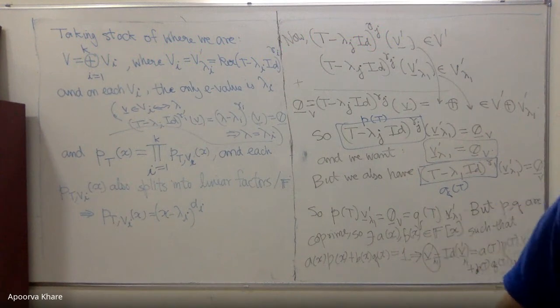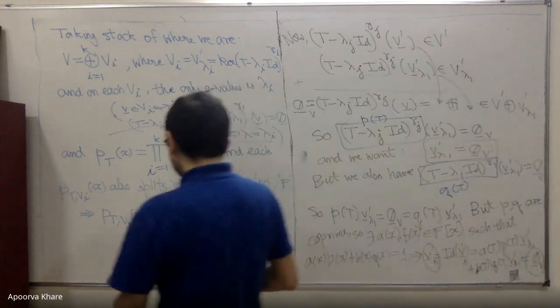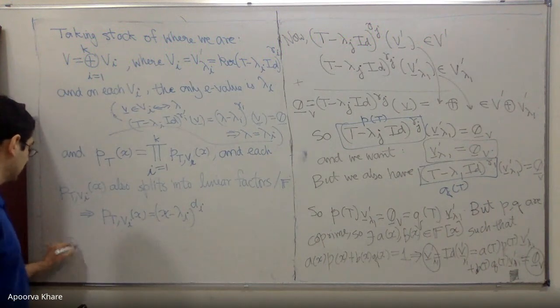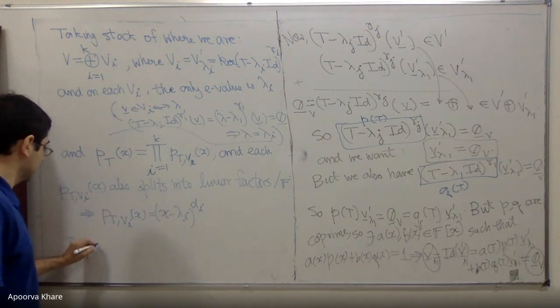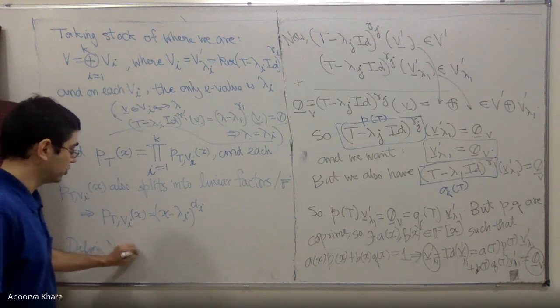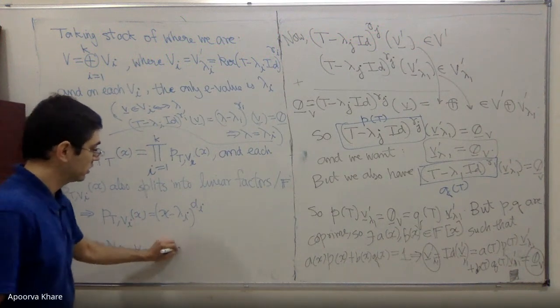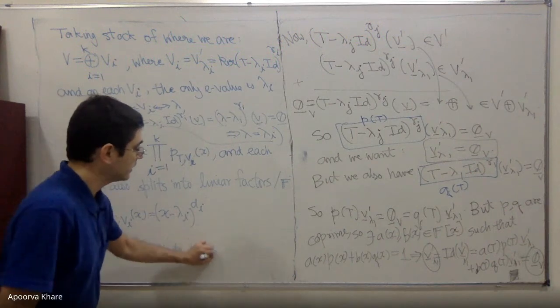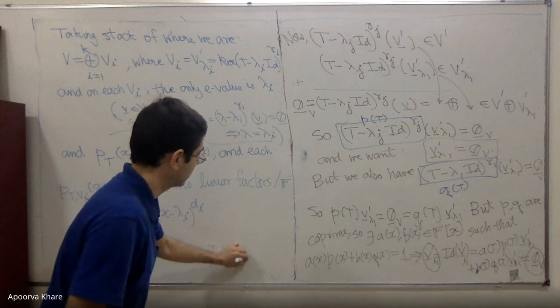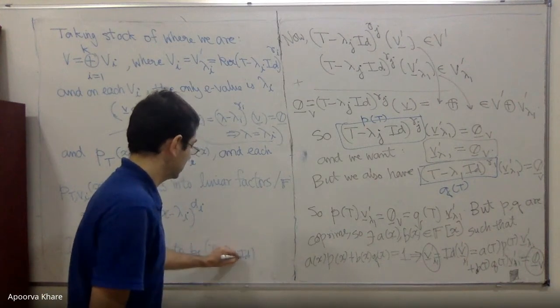Okay, great. And in particular, if instead of T, I now define N_i, again the linear map from V to V, to simply be T minus lambda_i identity. Then what does this say?